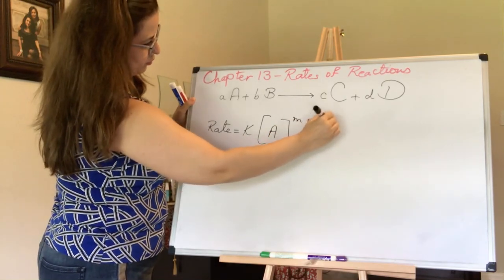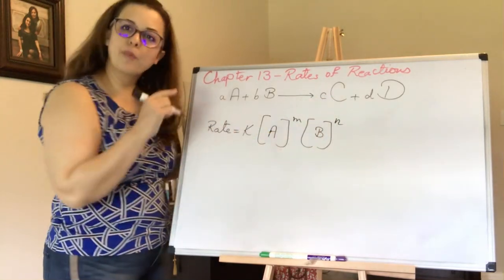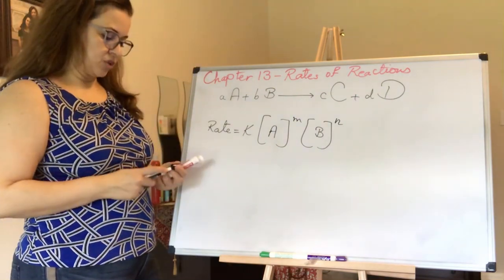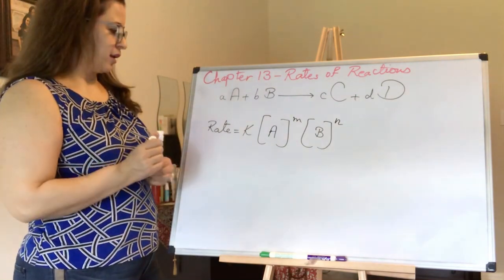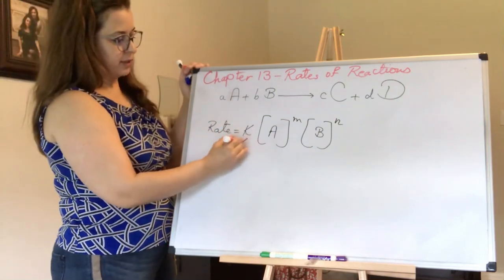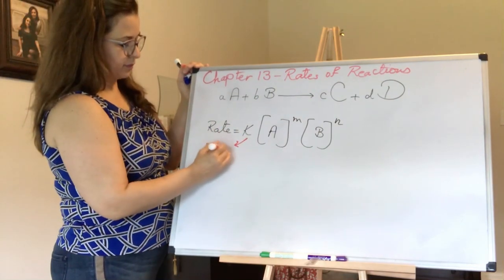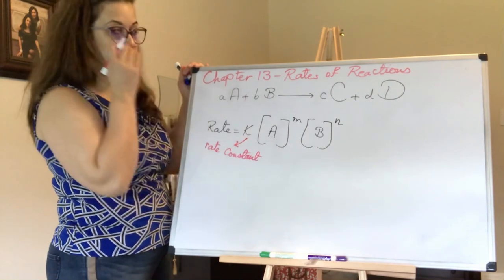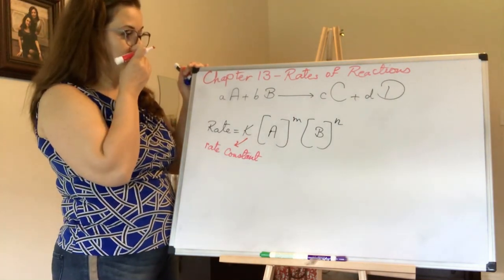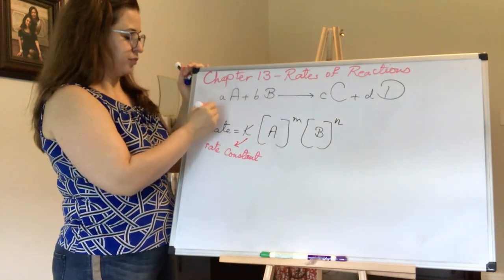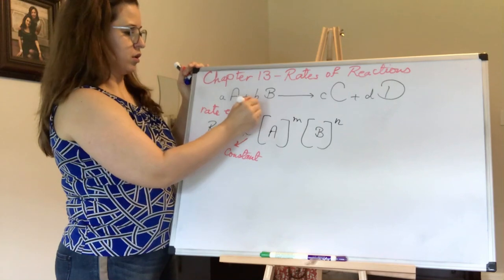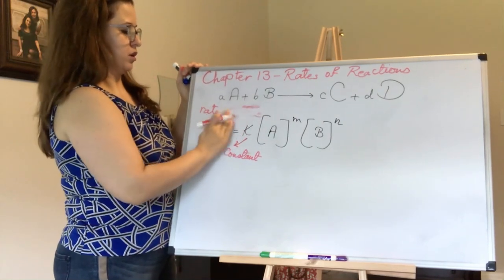There are some points that I want you to pay attention to really carefully. K is the rate constant, and you have it in every single rate law. This is the rate law, or rate equation. Let's call it just rate law.